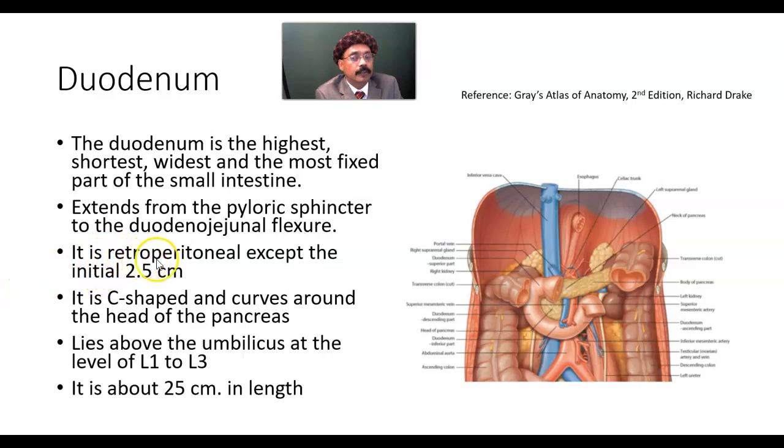Otherwise, it is retroperitoneal. It is C-shaped and curved around the head of the pancreas, lies above the umbilicus at the level of the body of lumbar vertebra 1 to lumbar vertebra 3. It is about 25 centimeter in an adult person.